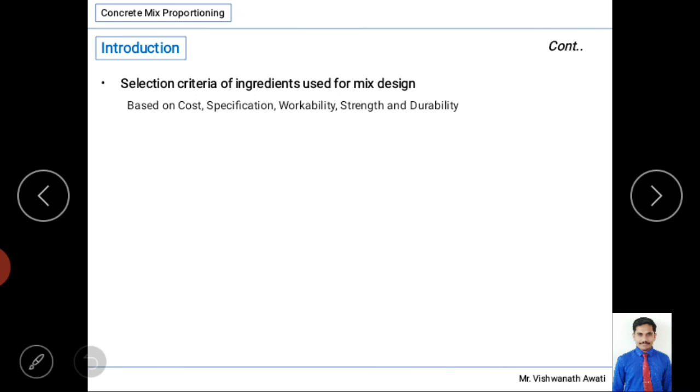If we require more workability, we have to select different aggregate according to the requirement. If you are making high performance concrete or lightweight concrete, we have to use different materials. So according to the specifications, workability, strength and durability, these are the factors which control the selection criteria of ingredients.